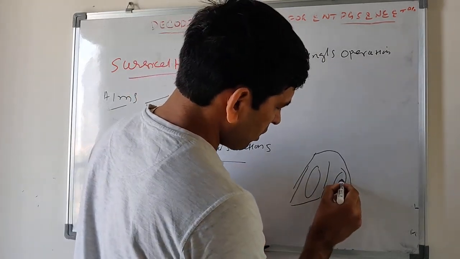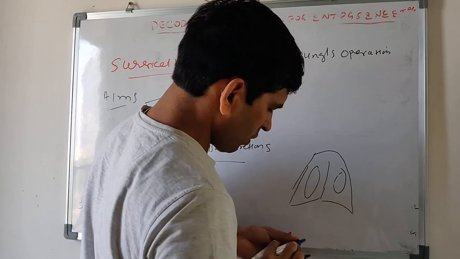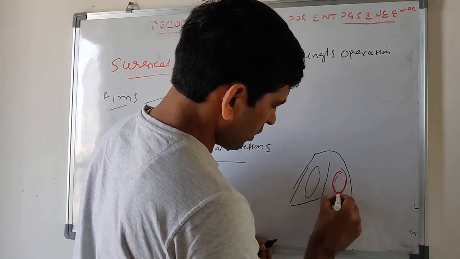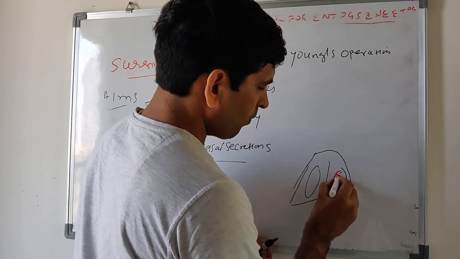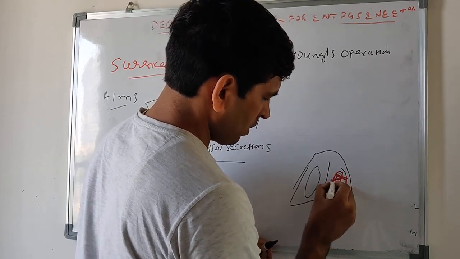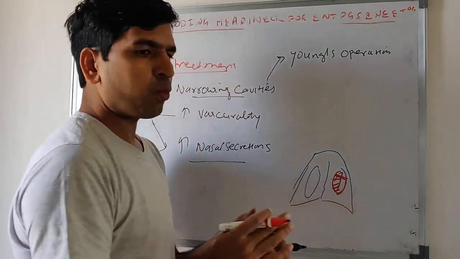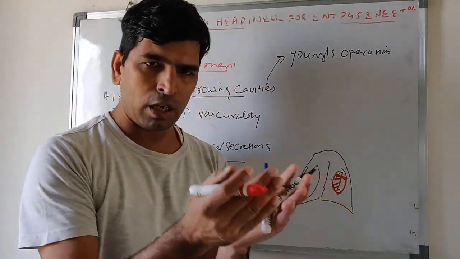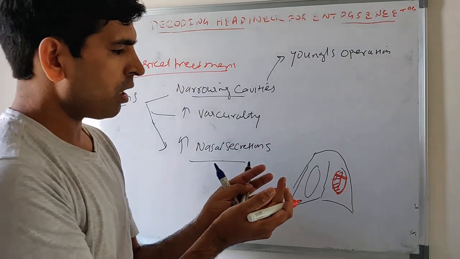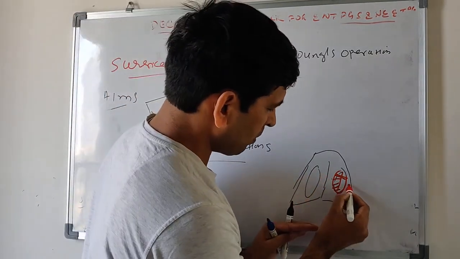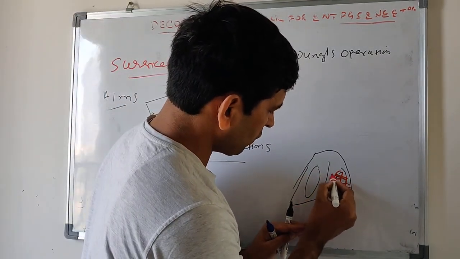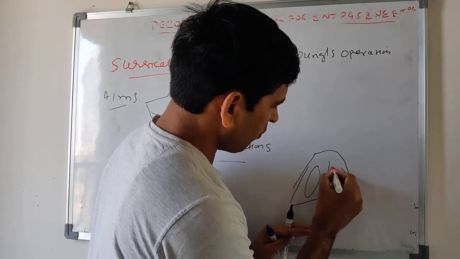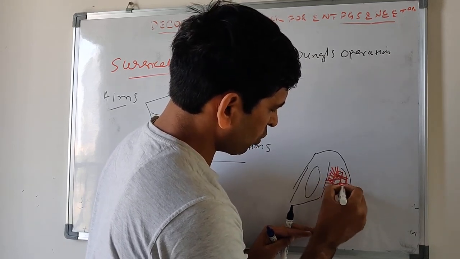We mucosally close this: we make a flap on the lateral wall and the medial septal wall and close it in between, a posterior base flap. Nowadays we also do a vestibular epithelial flap, an anterior base flap.